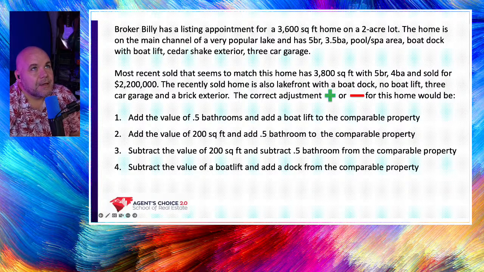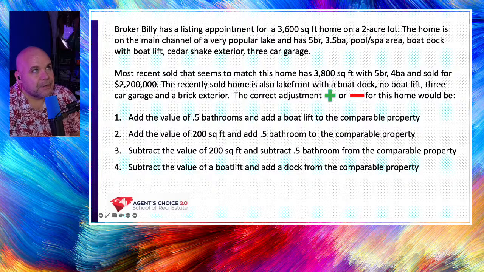Let's keep going. 4 baths versus 3.5 baths. We're going to subtract a half bath worth of value. And so let's see. We have add value on number 1, so that's not it. We have add bathroom value for number 2. That's not it.